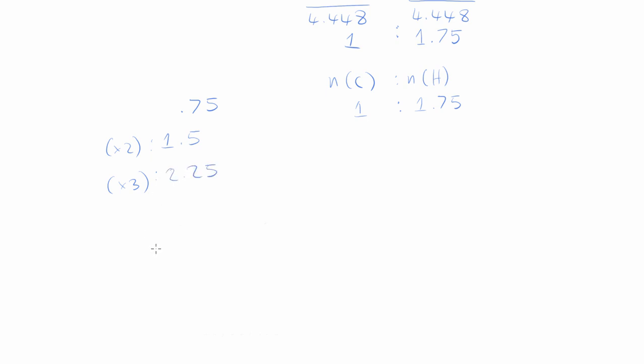And then have a go at multiplying it by 4. If you multiply it by 4, you should find that you do get a whole number, and that is going to be 3.